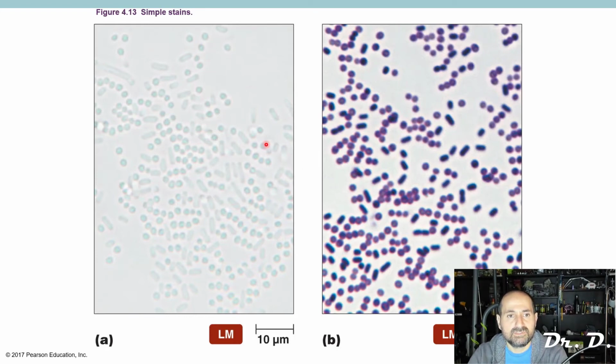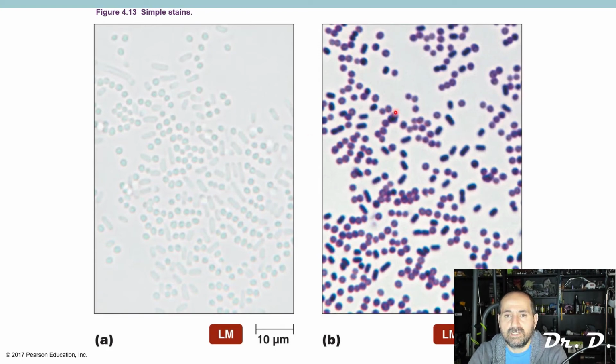But notice, it looks like two different species. For example, the rod-shaped ones might be E. coli, and the dots may be Staphylococcus or something. Now, a simple stain stains all the cells, so you can only tell shape and arrangement.